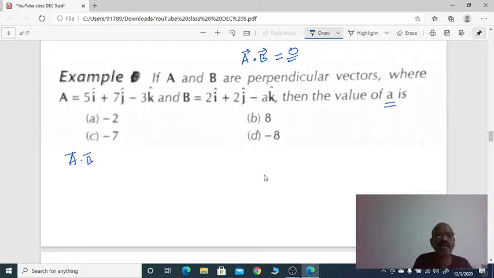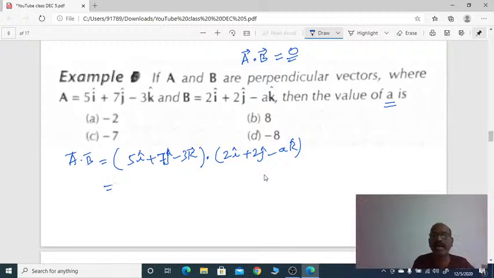A dot B: A is given as 5 i cap plus 7 j cap minus 3 k cap, dot B vector, which is 2 i cap plus 2 j cap minus a k cap.